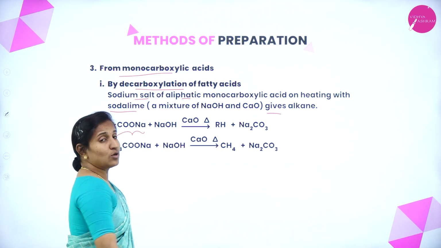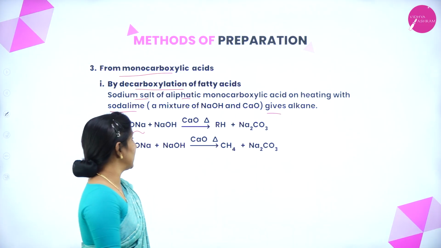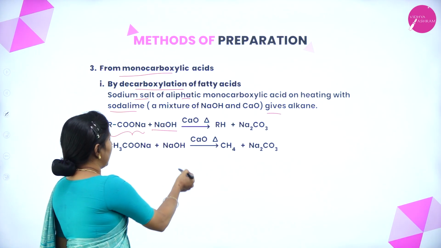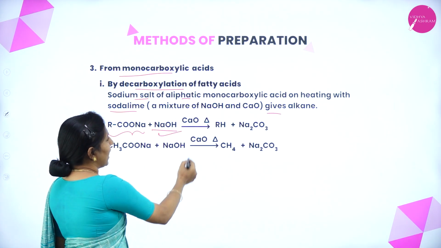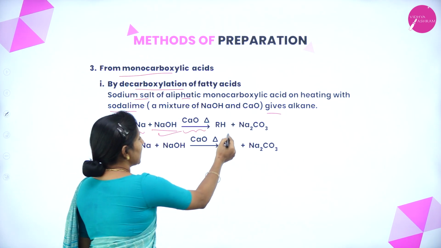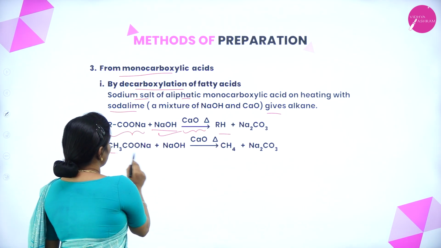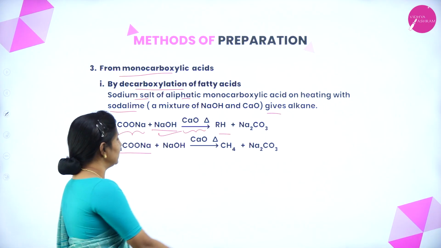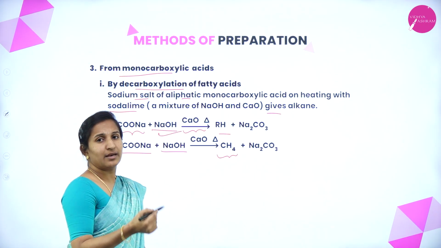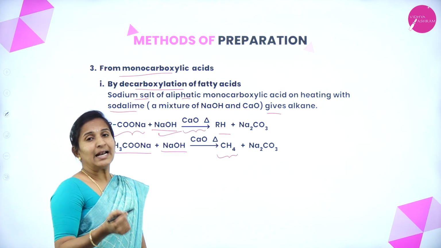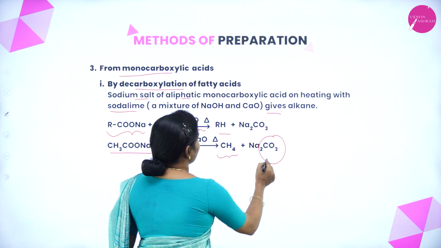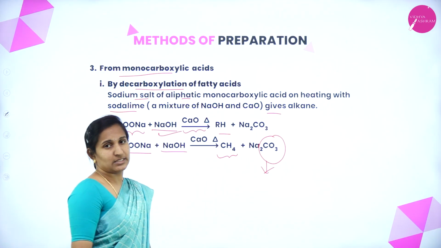This is, sodium salt of carboxylic acid reacts with strong alkali like sodium hydroxide and calcium oxide, that is the soda lime, gives alkane. For example, sodium salt of acetic acid reacts with soda lime, gives methane. This reaction is also called decarboxylation reaction because here removal of carbon takes place.